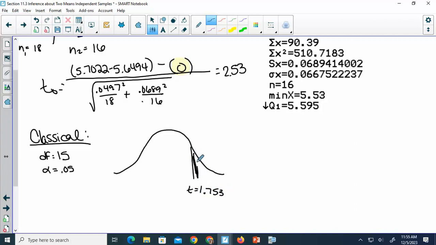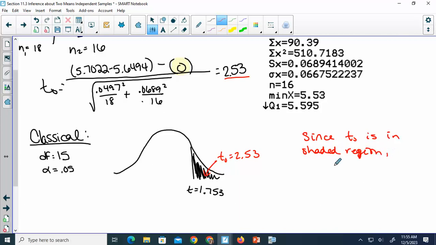And so the classical approach says we reject anything that's in our shaded region. So the T we got was 2.53, so this will be over here. Since our T is in the shaded region, we would reject the null hypothesis.